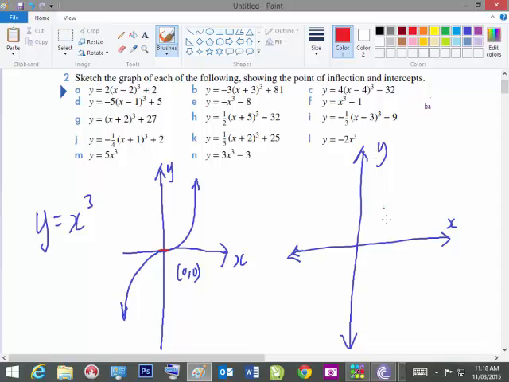In this case it's going to go across 2 and up 2. So I imagine a new set of axes that has moved, and this is where I'll draw my graph. I'm drawing exactly the same shape, but in a different position.